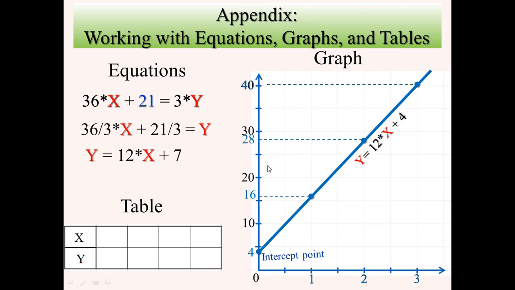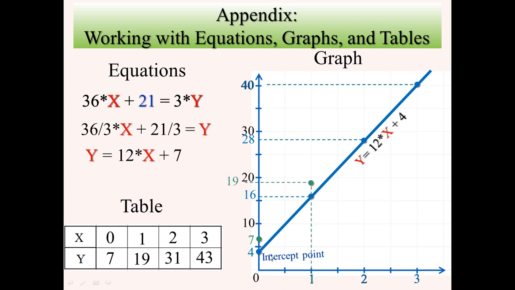It is still the same slope, but the intercept changes. This is 4, this is 7. Okay, I do the same thing: give a value of x and find y, and take this information from the table into the graph. So when x equals 0, y equals 7, this one, not 4.